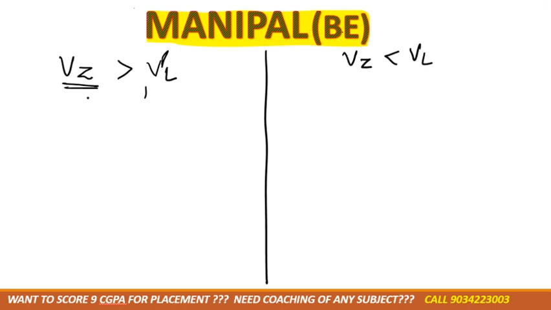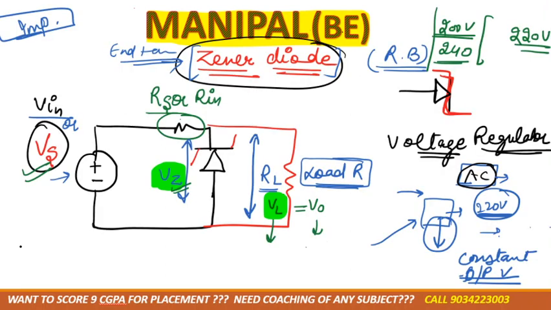If Vz is greater, meaning the voltage across the zener is high, then is the current across the zener high or low? Tell me. It's not Ohm's law here; this case applies P equals VI.